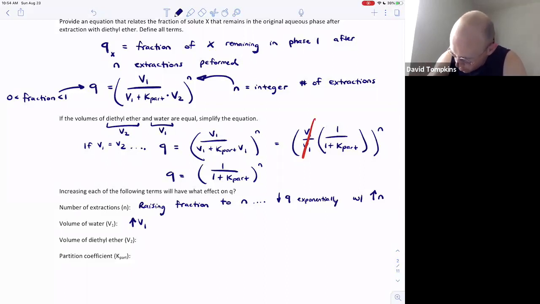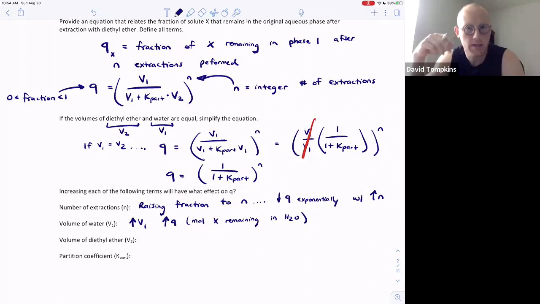And that means we're going to increase the amount that we retain, or increase the fraction of moles of X remaining in the water. So because the partition coefficient is a constant, it says the ratio of concentrations of X in the organic and aqueous layer are going to be at a fixed value. So adding more water allows a larger number of moles of X to remain in the water.